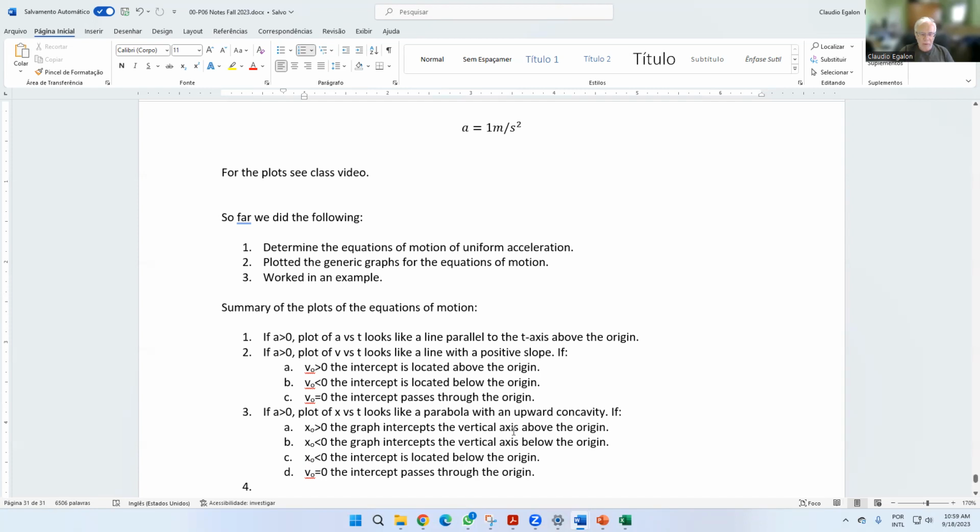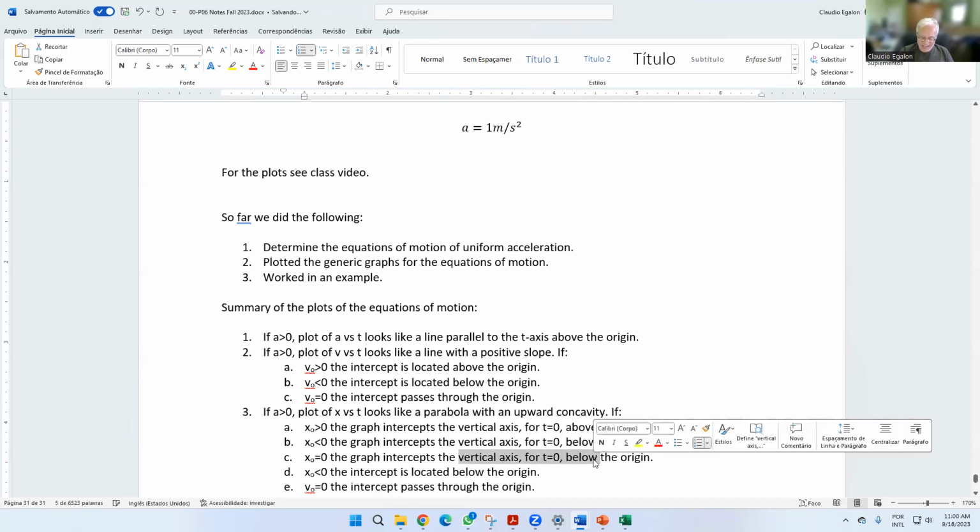Okay, the graph intercepts the vertical axis at t equal to 0, right? Let me just emphasize that: not at, but for t equal to 0. If x naught is equal to 0, the graph intercepts the origin.